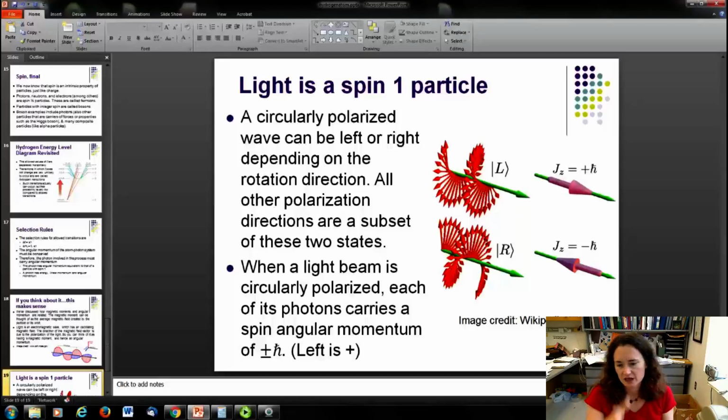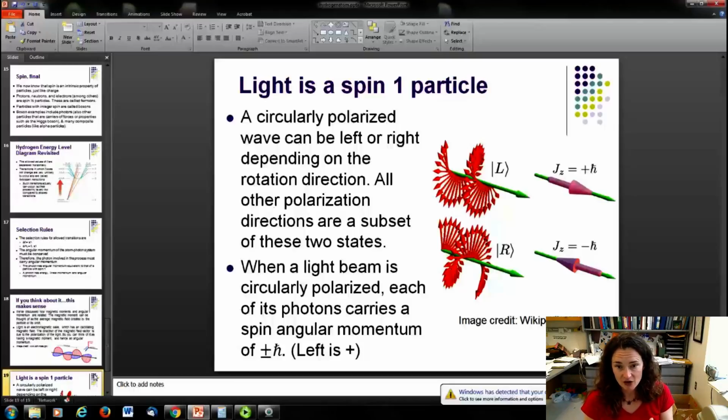All other polarizations, like a vertical or horizontal polarization, you can think of that as a subset of a circularly polarized wave, right? Okay, so if you do that, then you can imagine that you've got this inherent angular momentum due to it either being left or right circularly polarized light.